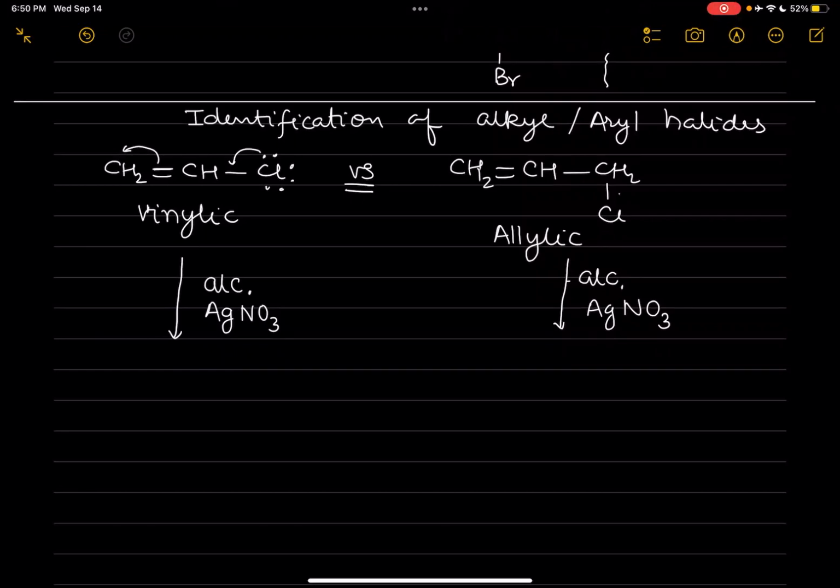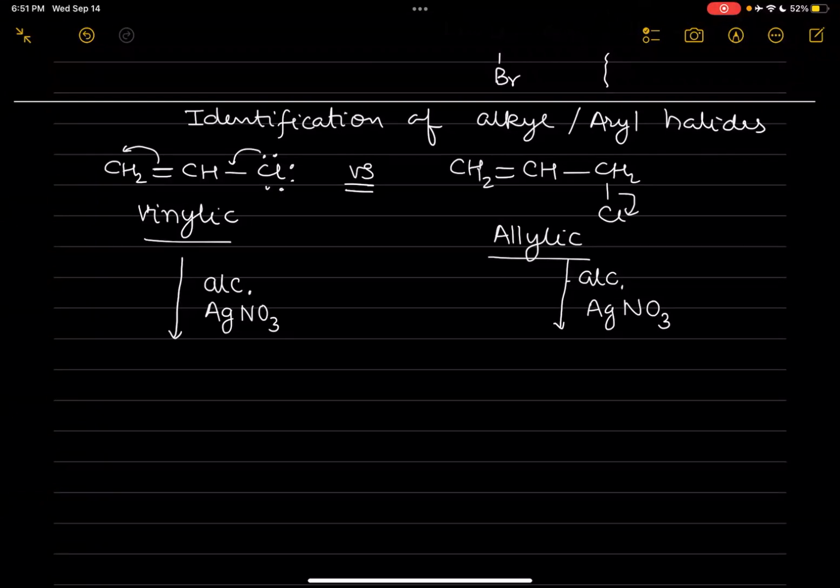But here the Cl can come out very easily. Why, Anushka? Why can Cl come out so easily in allylic and why can't it come out in vinylic? Yeah, in vinylic the lone pair forms a bond with the adjacent doubly bonded carbon, so it is connected with partial double bond character.